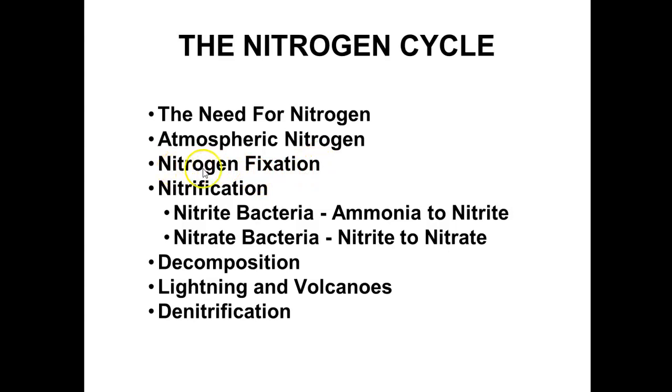So there are bacteria. There are inorganic processes that make soluble nitrogen, lightning and volcanic activities being the two big ones. So when you have a whole lot of energy, you can make rare chemical compounds, but they're rare.